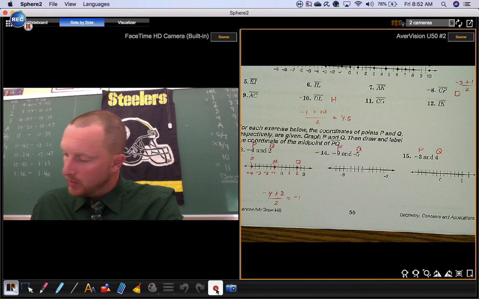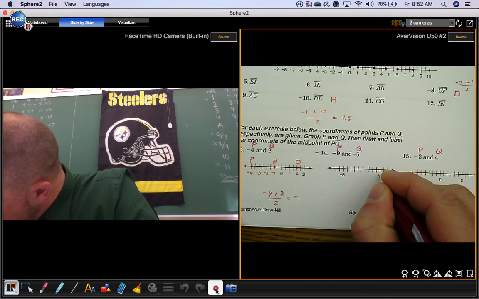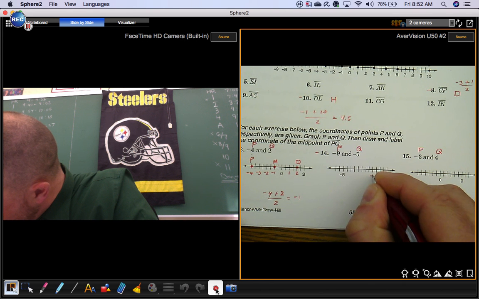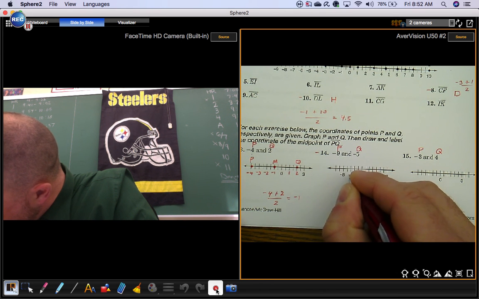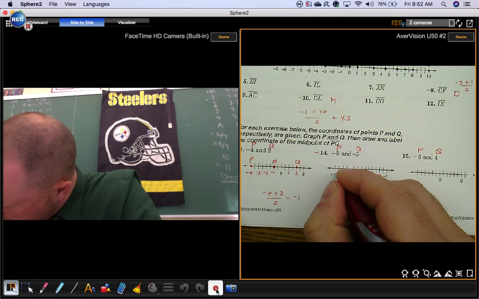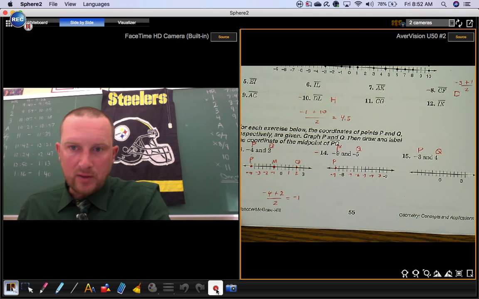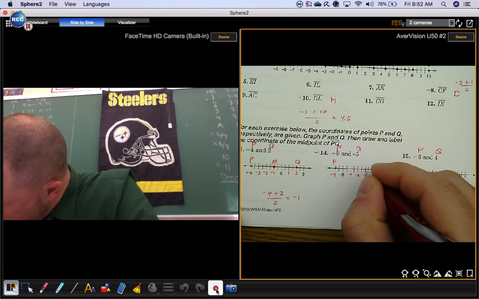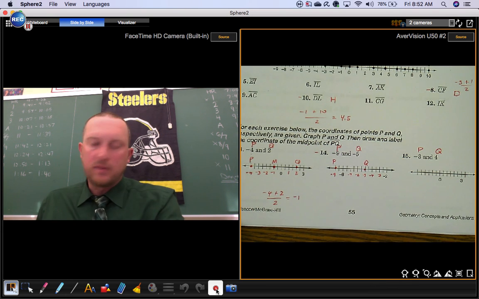So we'll do the same thing over here. It sure looks like we're counting by halves again. So point P lives at -9. Point Q lives at -5.